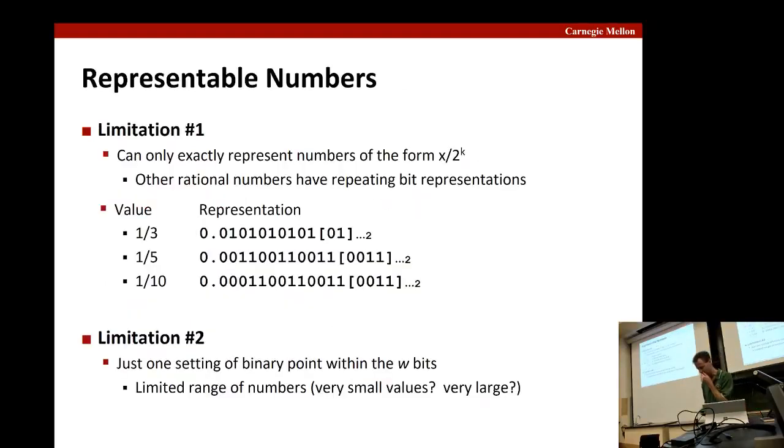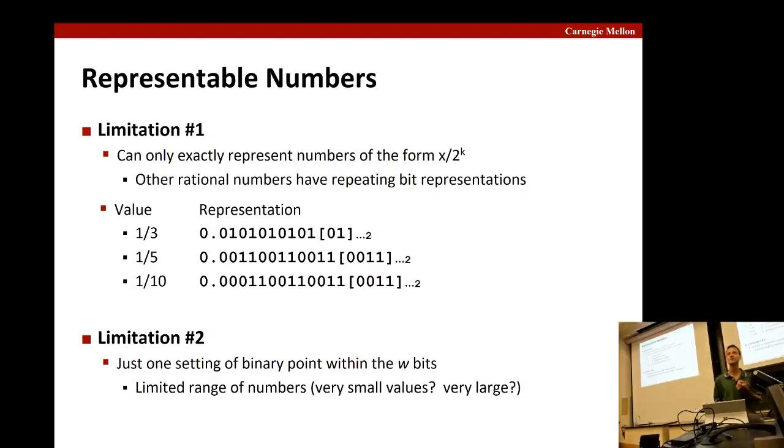Okay, so there are some limitations that arise immediately. The first limitation is that the base dictates what numbers you can represent concisely. When the base is 2, I can easily represent a half, a quarter, and 3/4 and things like that.